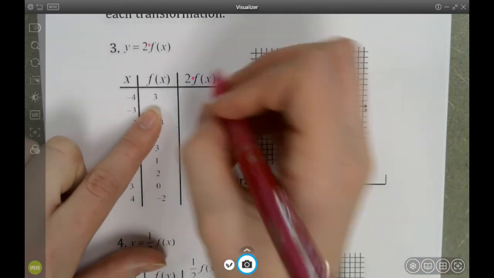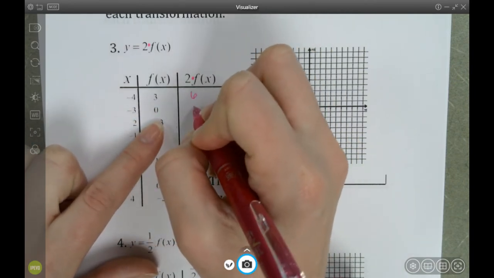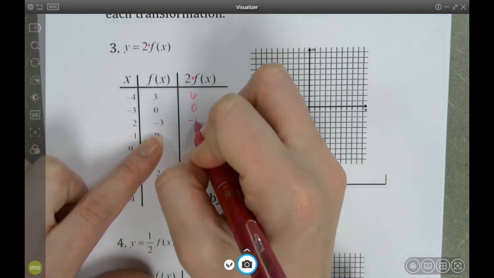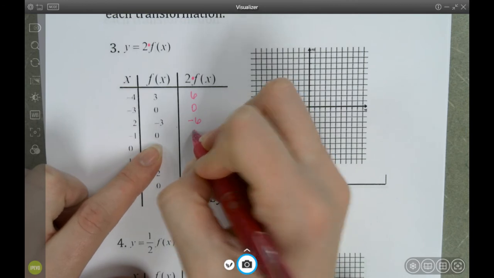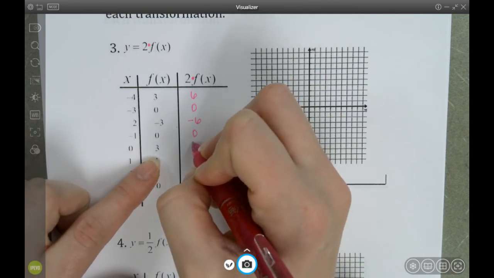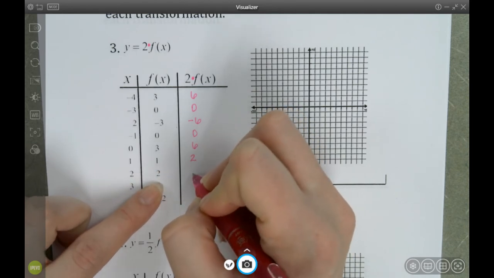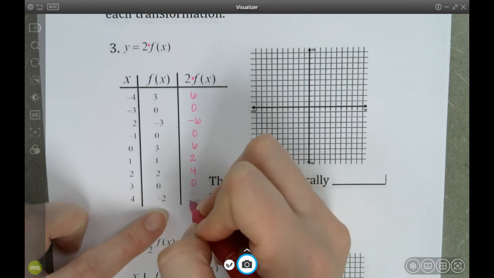So 3 times 2, 6. 0 times 2 is 0. Negative 3 times 2 is negative 6. 0 times 2 is 0. 3 times 2 is 6. 1 times 2 is 2. 2 times 2 is 4. 0 times 2 is 0. Negative 2 times 2 is negative 4.